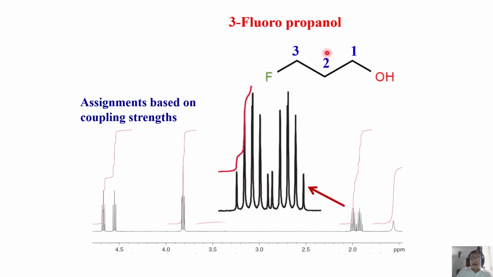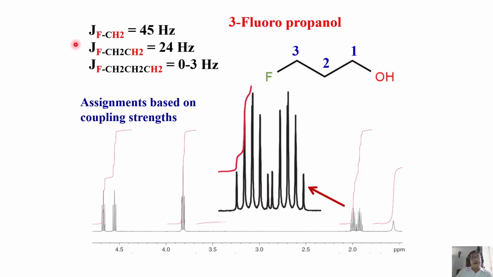And then it is also coupled to CH2. It will become a doublet of triplets. But remember, 1 bond FH coupling is quite larger compared to 2 bond, and this is larger compared to 3 bond. I will give you the coupling values. 1 bond fluorine proton coupling is 45 hertz. Now, you can see a large doublet, and each line of the doublet must be a triplet.